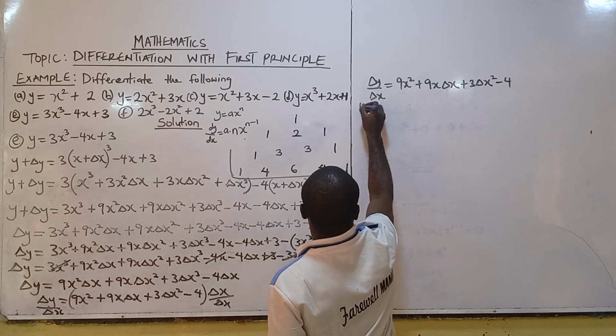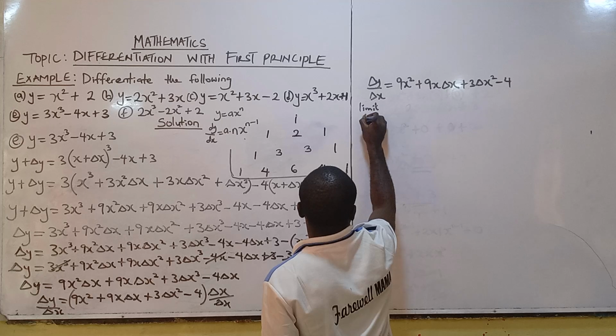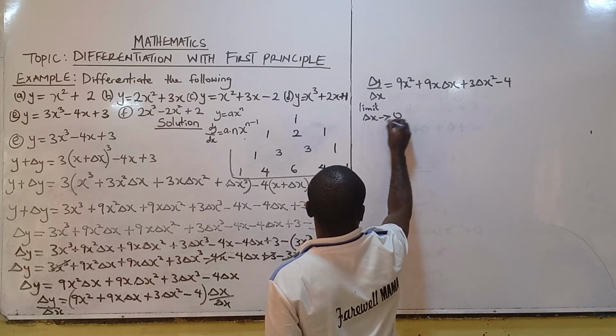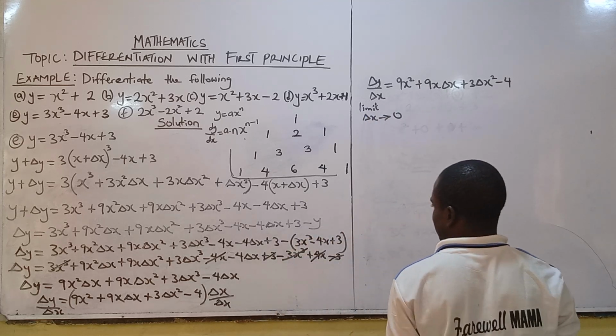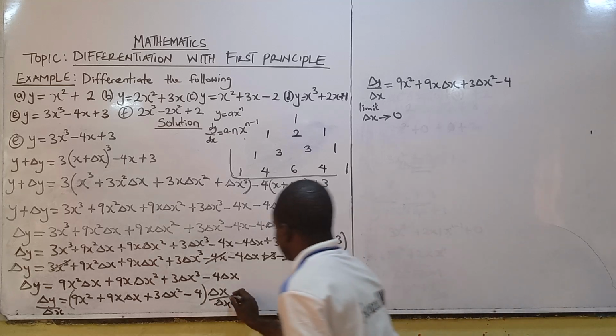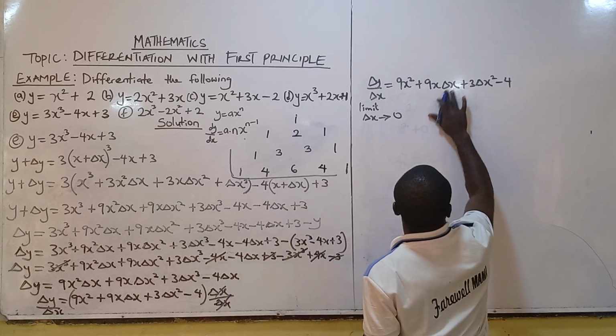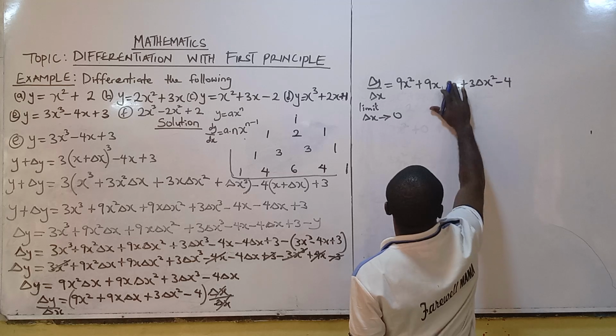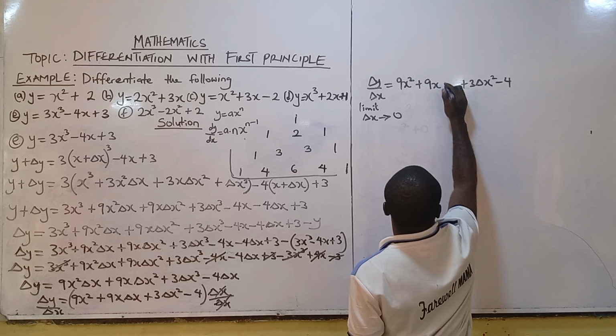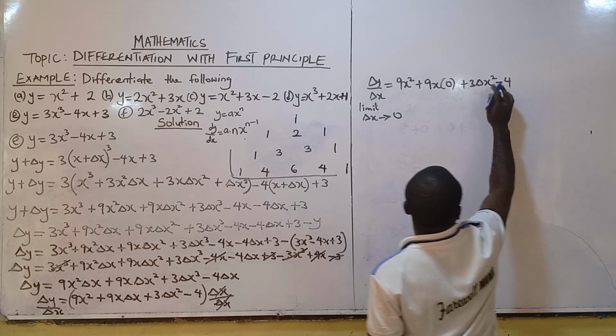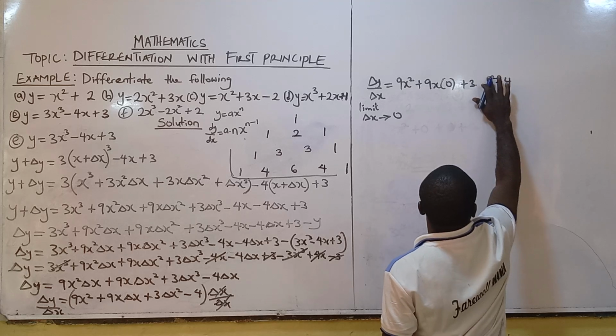That's the limit as dx tends to 0. Limit as dx tends to 0. dx here will cancel dx. And wherever you see dx, introduce your 0. This one is squared here.